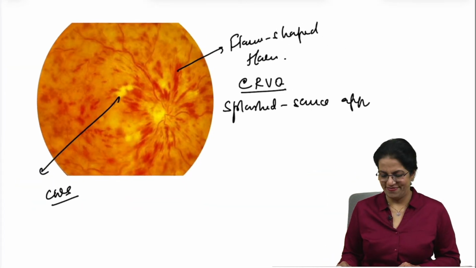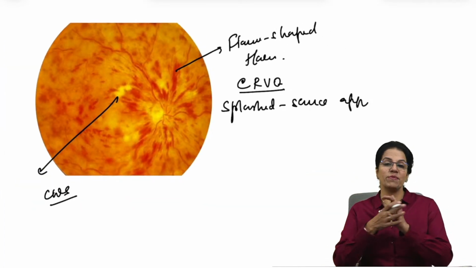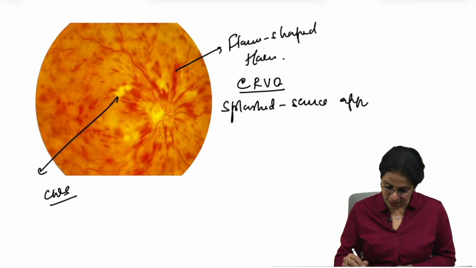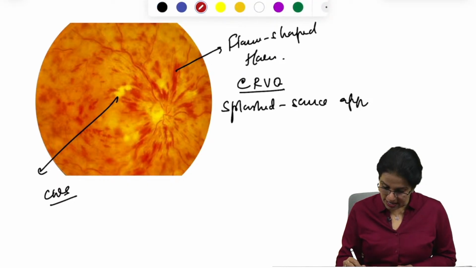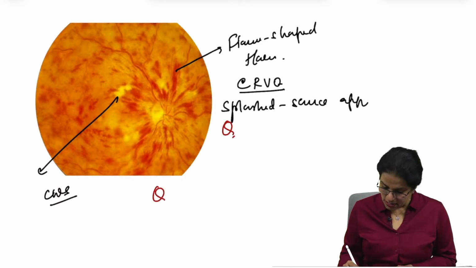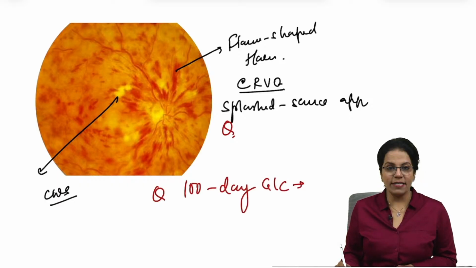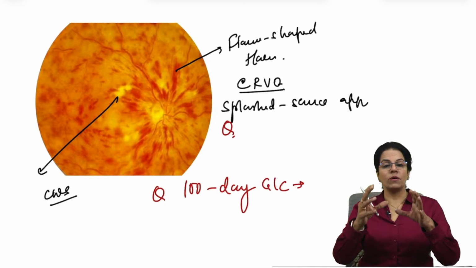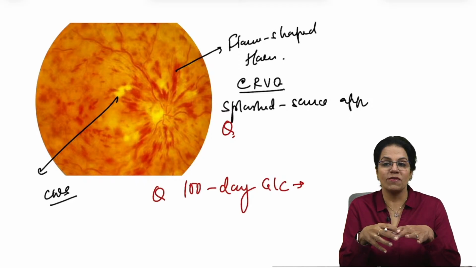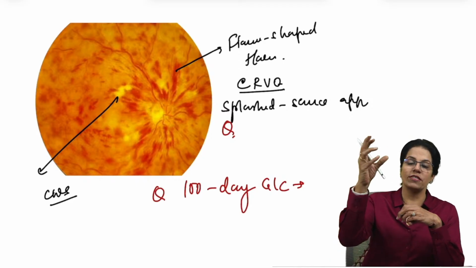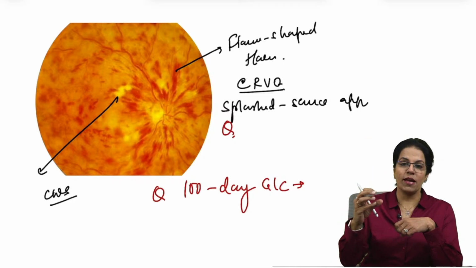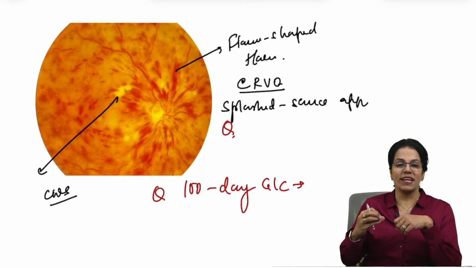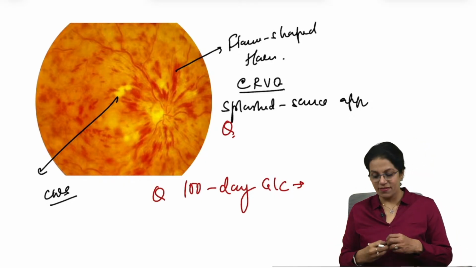Very good. Any other question I would like to mention here in CRVO? Yes, one more. 100-day glaucoma. You ask, right? So one is splash sauce, another is 100-day glaucoma. If you all remember and attended my lecture where I taught you all about retinitis proliferans, what is this? Hypoxia causes leakage, then more hypoxia, release of chemotactic factors, neovascularization. You studied this, right?